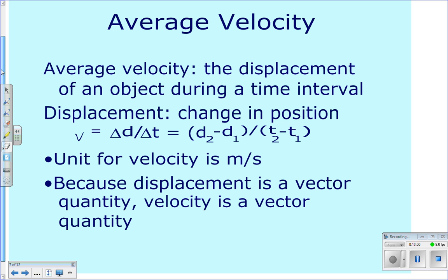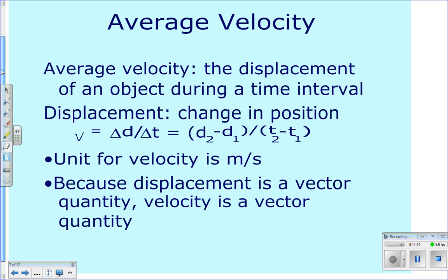Okay? So average velocity is technically found by taking the displacement of an object, not the distance that it travels, but its displacement, and dividing by the time interval that it took to have that displacement, to change its position by that much.